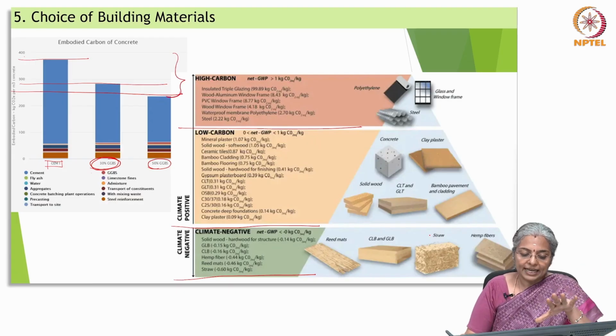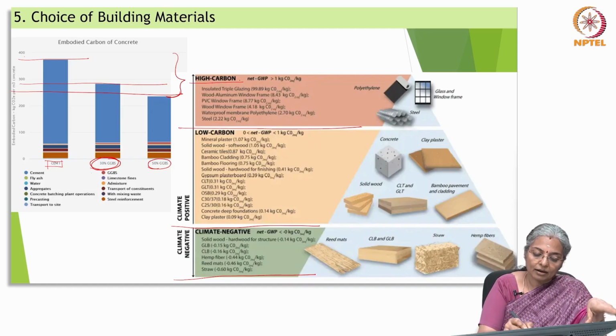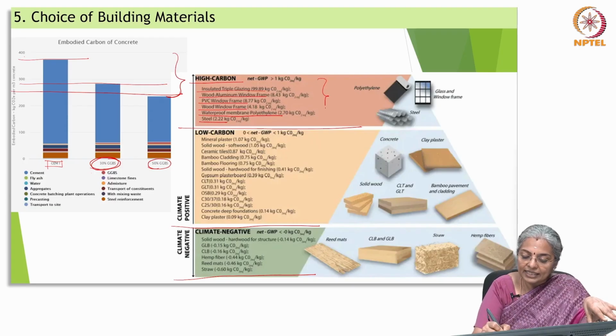If we look at examples of high carbon intensive materials, we can see triple insulated glazing, wood aluminum window frame, PVC window frame, wood window frame, waterproof membrane, polyethylene and steel. These are all examples of high carbon materials.